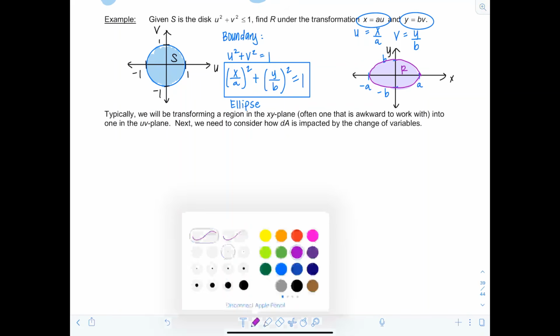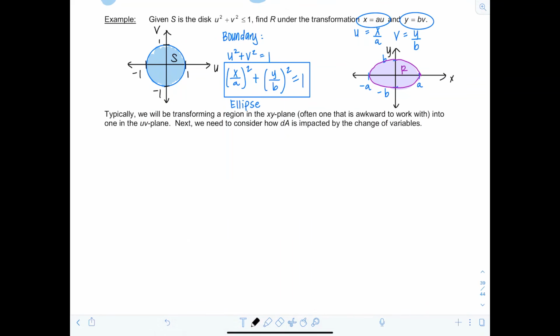So we're going to start there. The UV plane is the nice plane. That's the plane that we want to integrate in. Okay, well, if you had it your way, and you were evaluating a double integral, what kind of shape or region would you want to integrate over? A rectangle, you say. I agree, right?